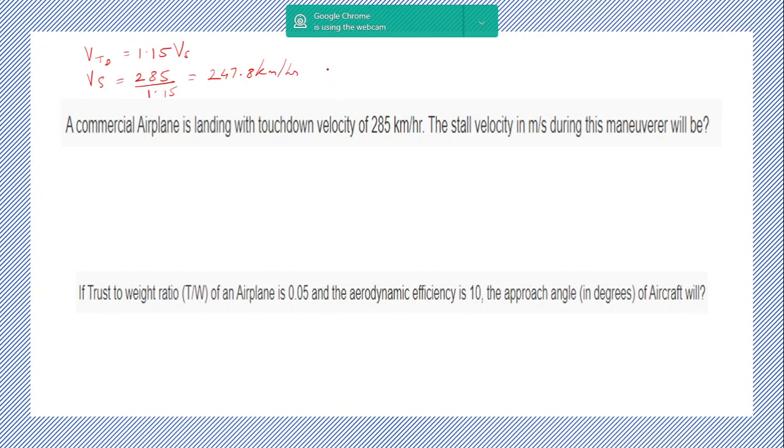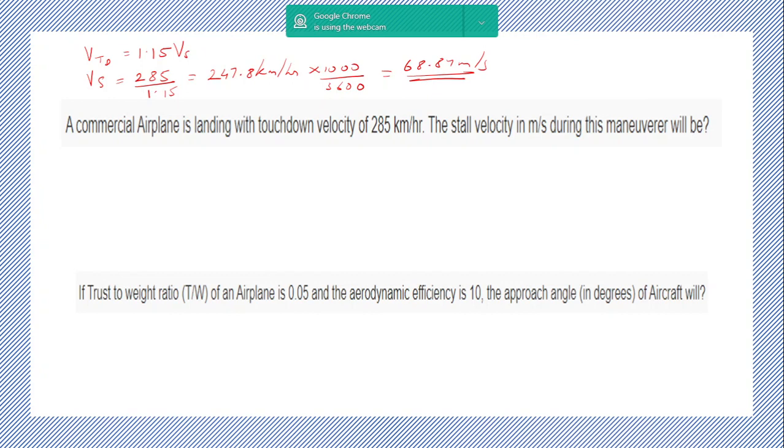And they've asked for meters per second, so just convert it: multiply by 1000 and divide by 3600, and you get 68.84 meters per second. So that is the answer.